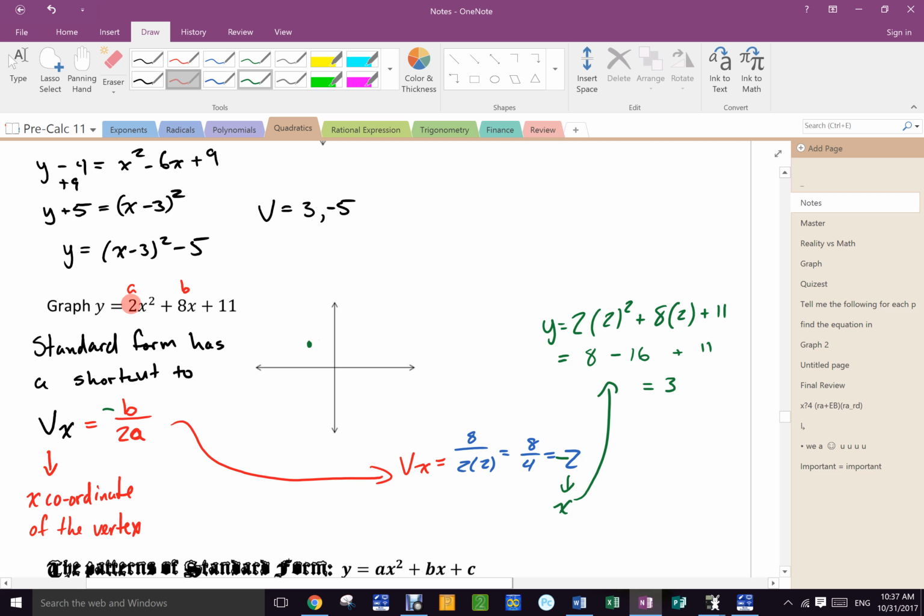Don't I have an a? So what's the stretch? 2. So when I go over 1, how far up do I need to go? 2. So that point right there is negative 1 what? 5. And what's this point right here? Negative 3, 5. And now I can graph it. Everybody cool?